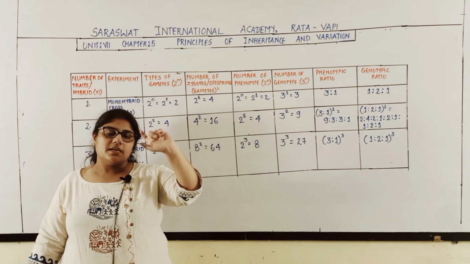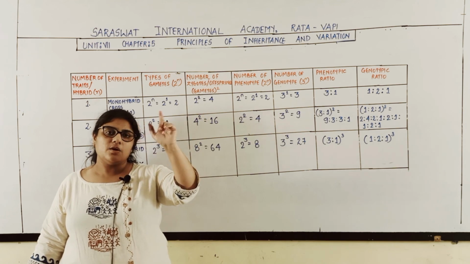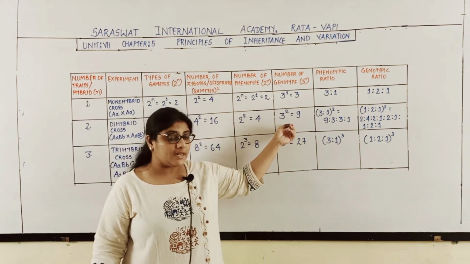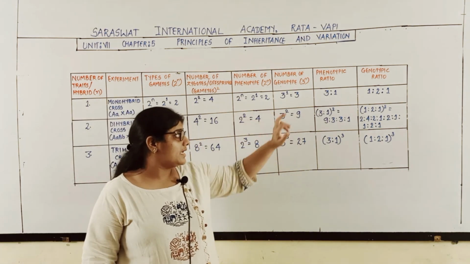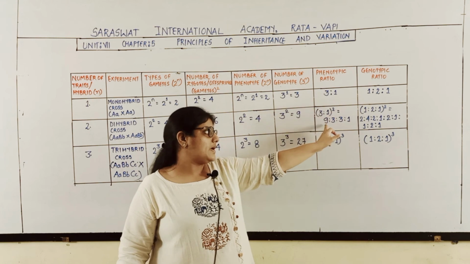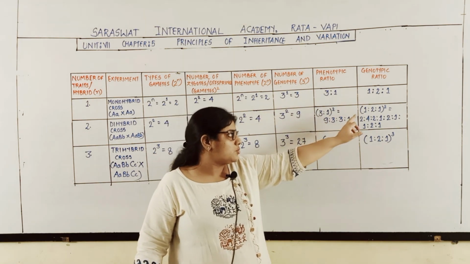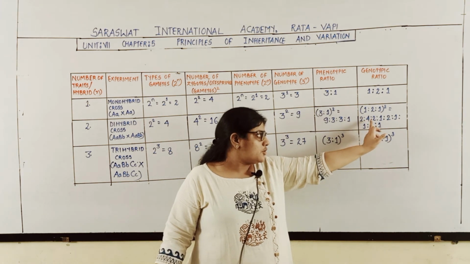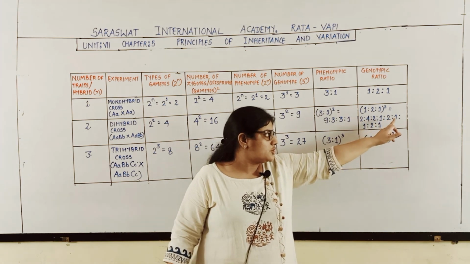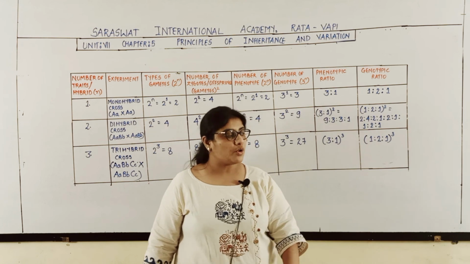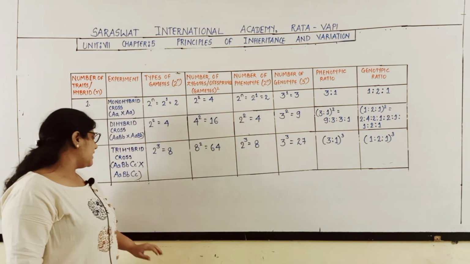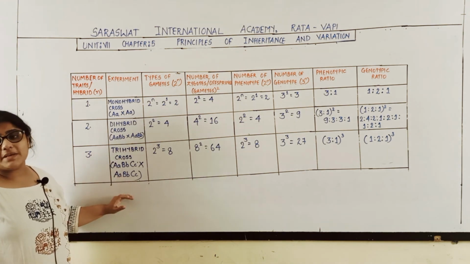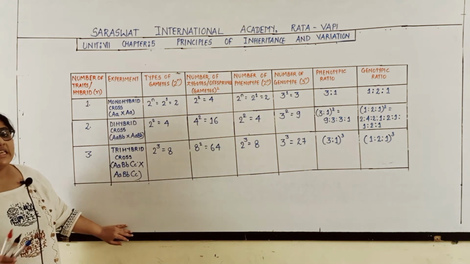Then round green, wrinkled yellow, wrinkled green. 4 phenotypes. Genotypes total 3 squared, 9. Phenotypic ratio is the square of this, that is 9:3:3:1. Genotypic ratio is again the square of this, 2:4:2:2:1:1:1:2:1.